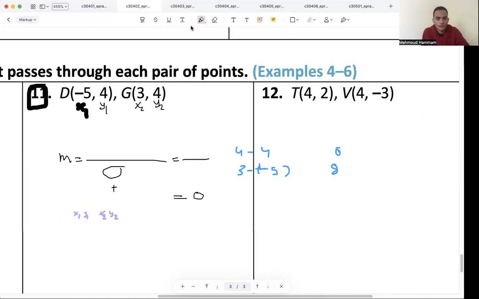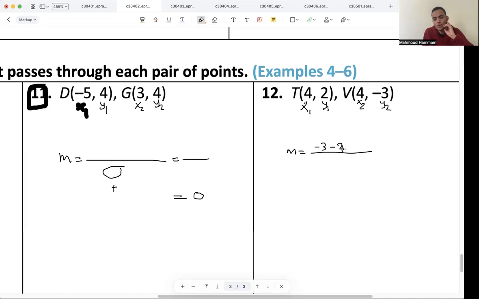Number 12. Here you have x1, y1. For every point you have x and y. Here you have x2, y2. So m equals negative 3 minus 2 over 4 minus 4.